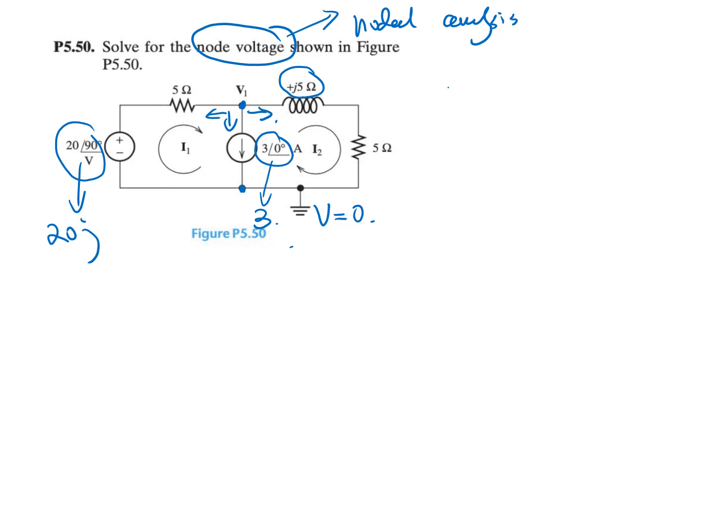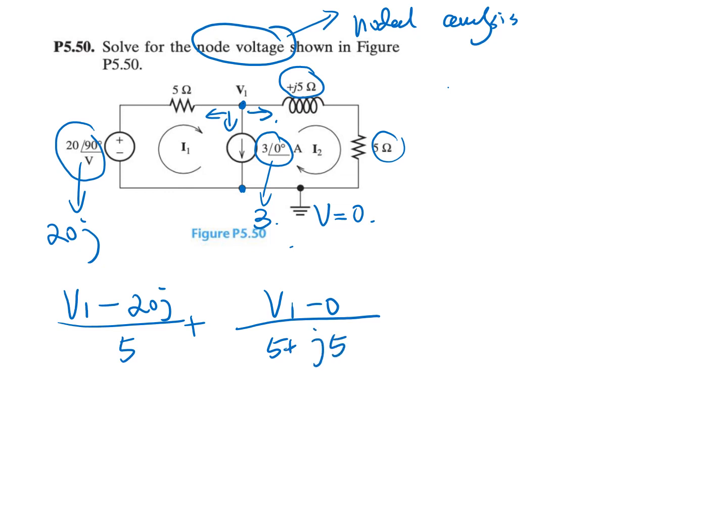Okay, so let's write the KCL equation. We have V1 minus 20j over 5 plus V1 minus 0 divided by 5 plus 5j. And here we have a current source. The current provides 3 amp current, so we plus 3 is equal to 0.